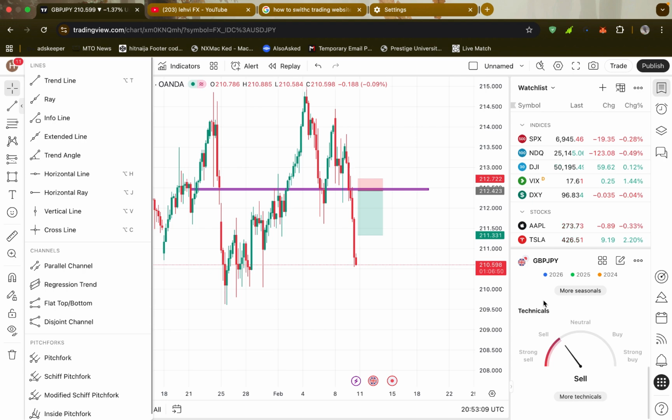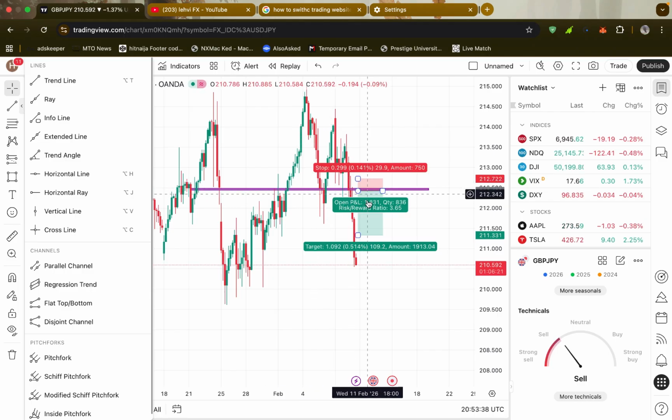The bias has changed, because if you drop this chart now to this low, this high, this is the highest high, this is a lower high, this is another lower high. It's indicating the market has actually turned from bullish to bearish. And then it's coming down, broke a support.